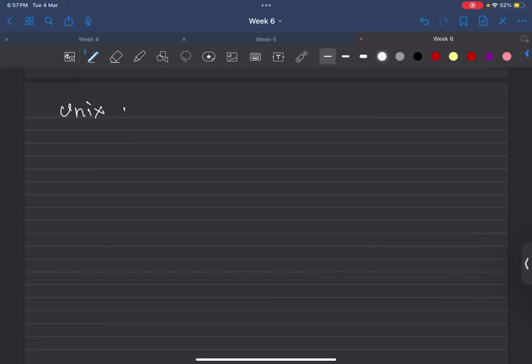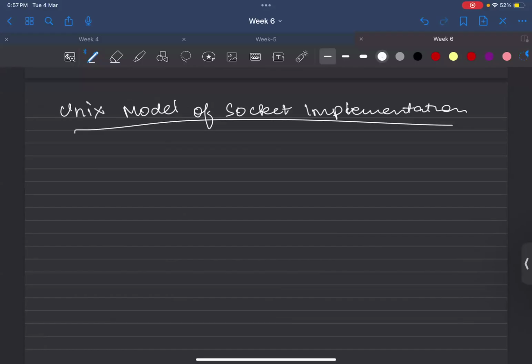Then there was something written, Unix model of socket implementation. Can you tell me what is the Unix model?